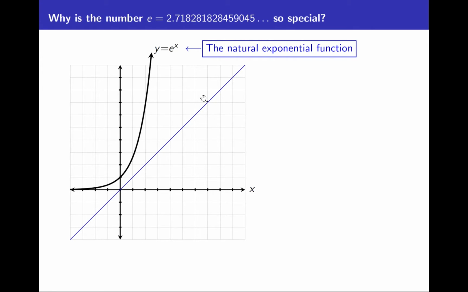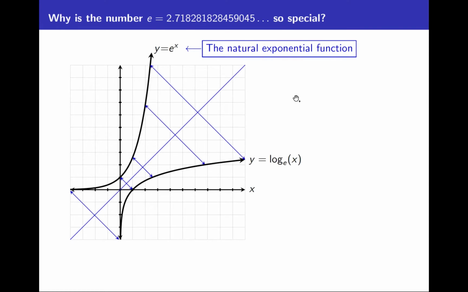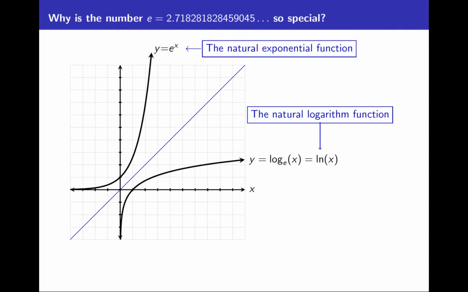And if you reflect the graph across the line y equals x, you get the graph of its inverse, which is the logarithm to base e of x. We denote that as ln of x, and you know that we call that the natural logarithm function.